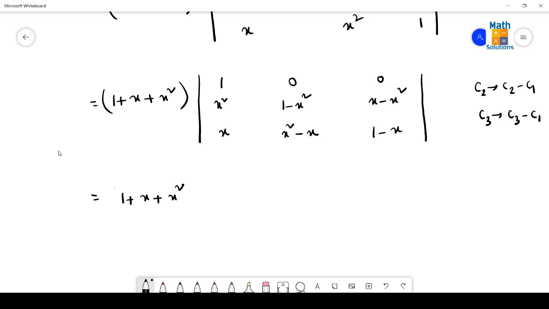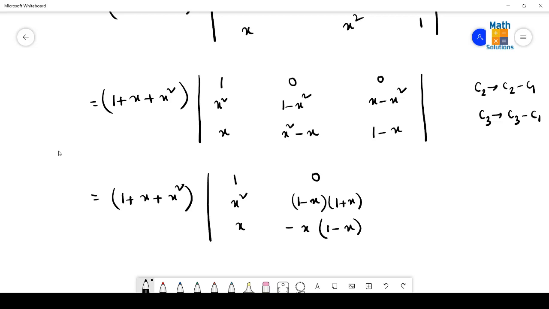So after this, what do we have to do? 1 plus x square, 1, x square, x will remain as it is, 0, then 1 minus x, here we can write 1 plus x. If I take common minus here and x is taken out, in that case it will be again 1 minus x. Then here also it is 0, then if x is taken common, then it will be 1 minus x again, then 1 minus x.